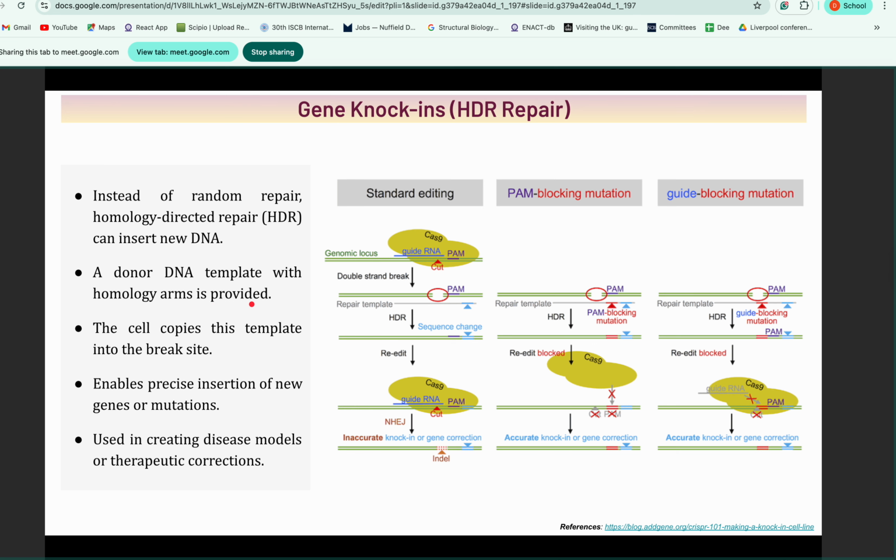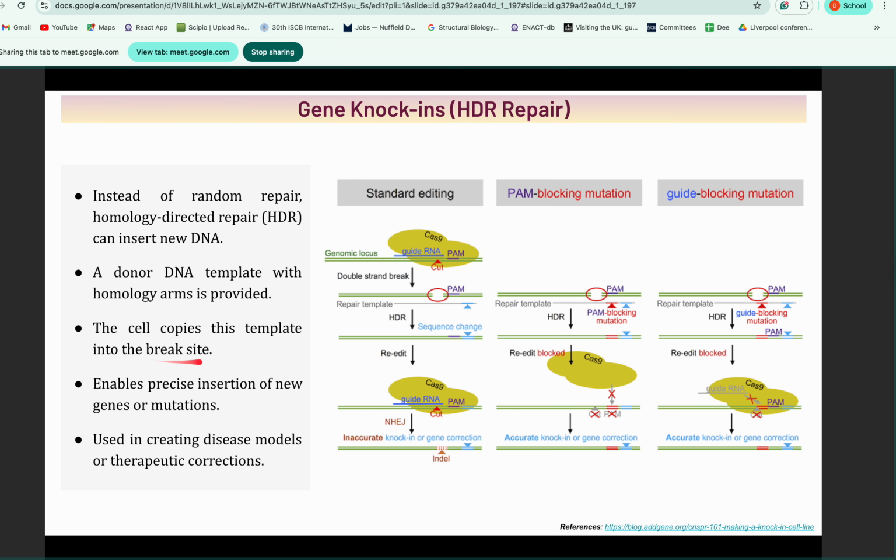So we need to provide that homologous sequence, and the homology arms are also important, because if we want something to get inserted, then it should be flanked by the homology arm on both the sides. And these homology arms will have the sequence similarity to that of my genomic DNA. So the fragment between the homology arms will get replaced. This is how the homology dependent repair works.